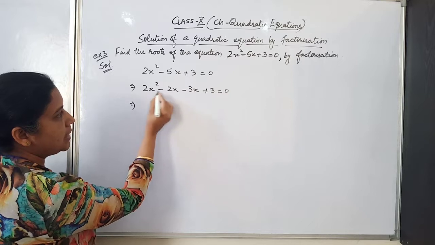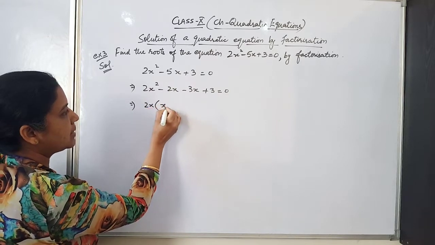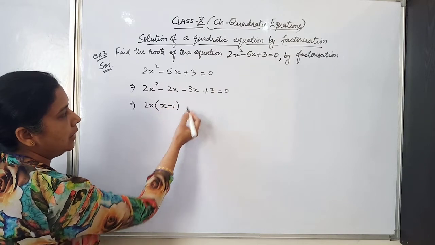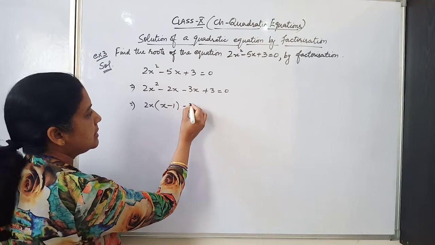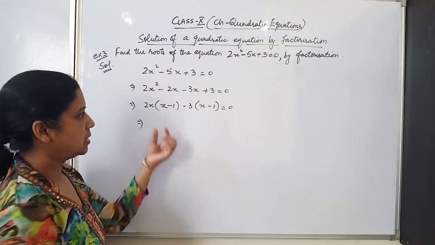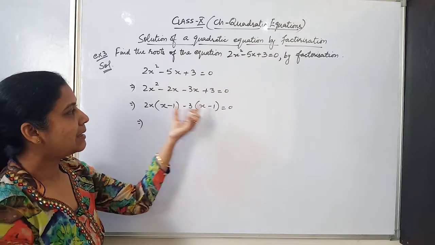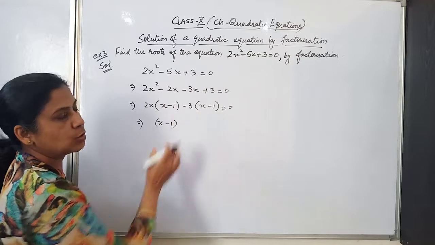So now I have to take some common factor out from the very first two terms, that is 2x, x minus 1, and similarly I have to take some common factor from the last two terms, it is -3. We have to make the factorization in such a way that we can ultimately have one factor common from both these two terms.